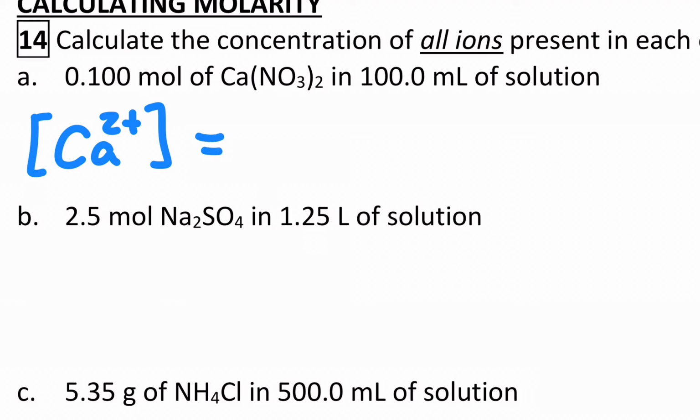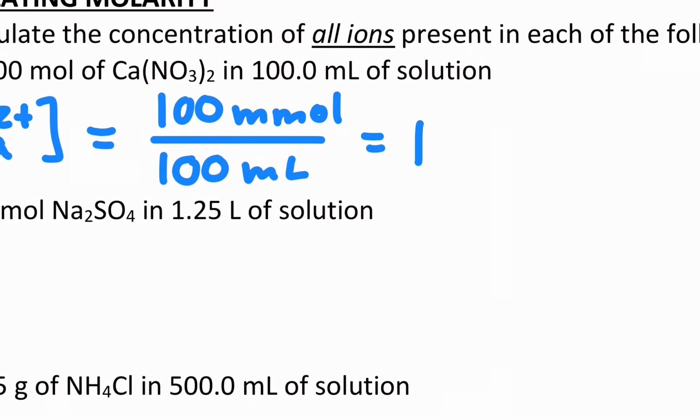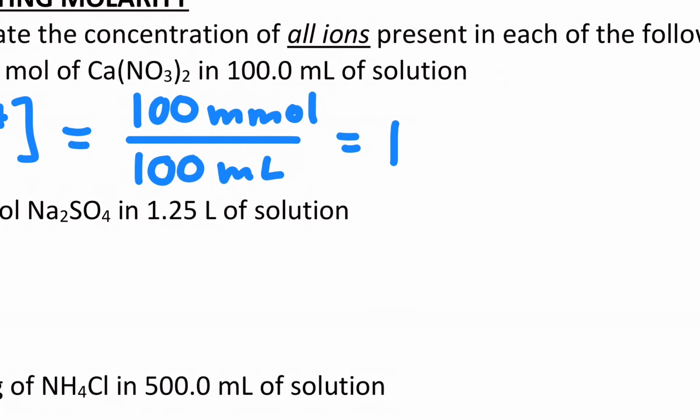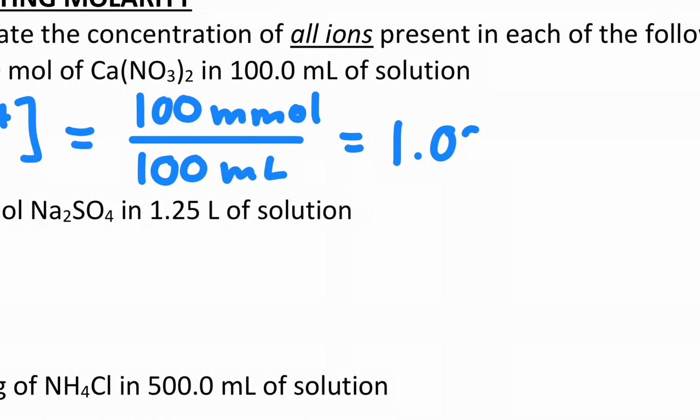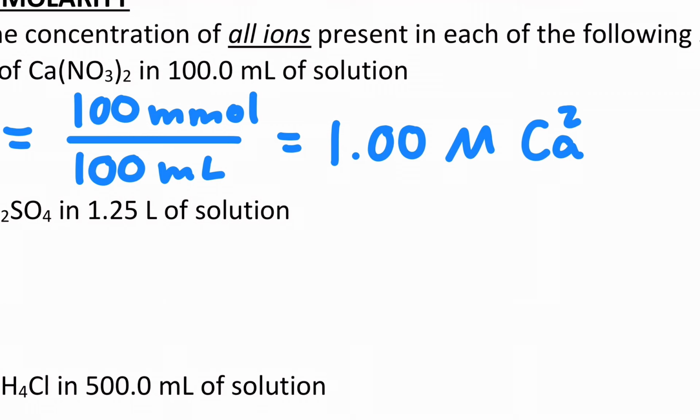And I have 0.1 moles, that's 100 millimoles, divided by 100 milliliters. So all over 100 milliliters. No calculator needed, that's 1. If I check my sig figs, it looks like you need 3. So I have 1.00 molar calcium ion.